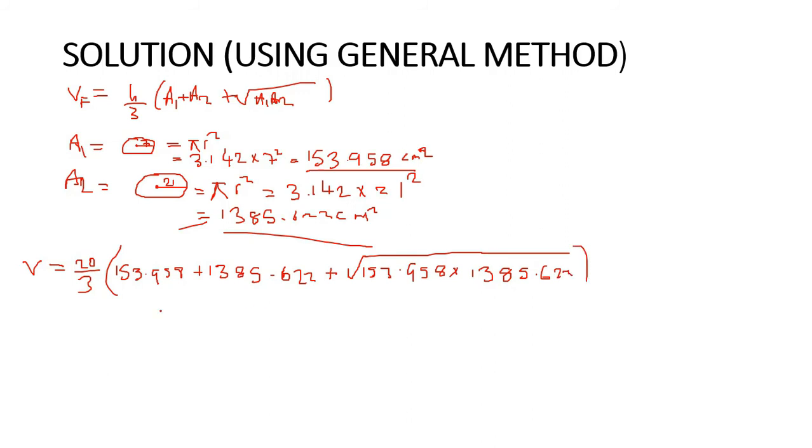You close it. Then this one will be reducing bit by bit. So this one will be equal to 20 over 3. Then inside there, when you add these two, you get 1539.58, plus.